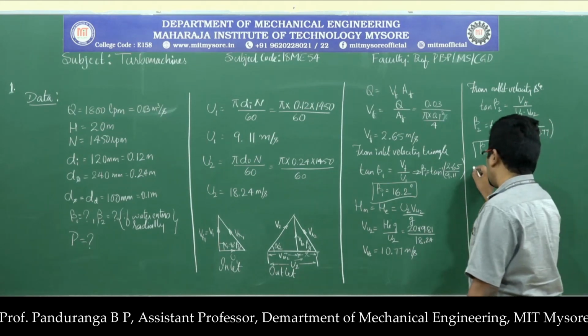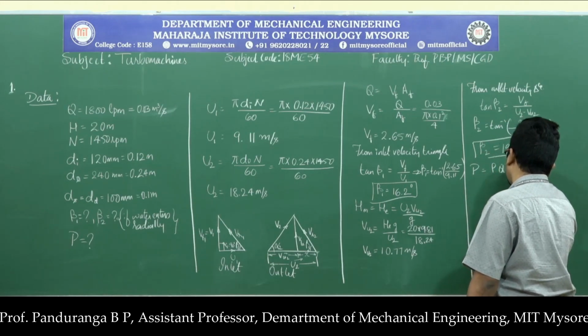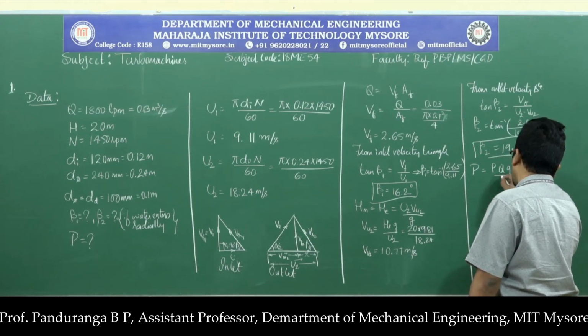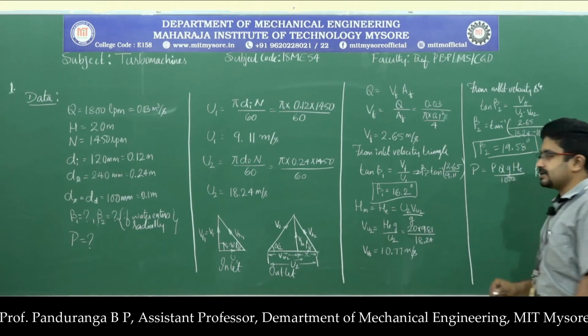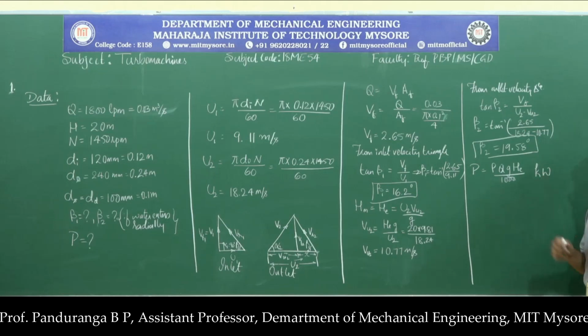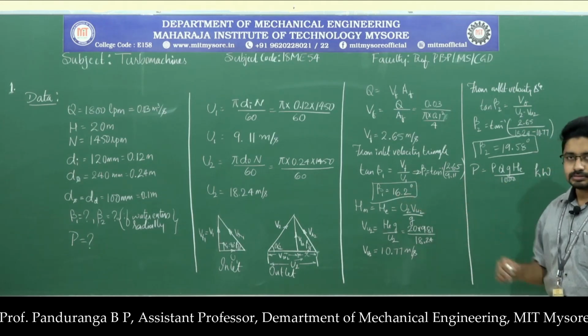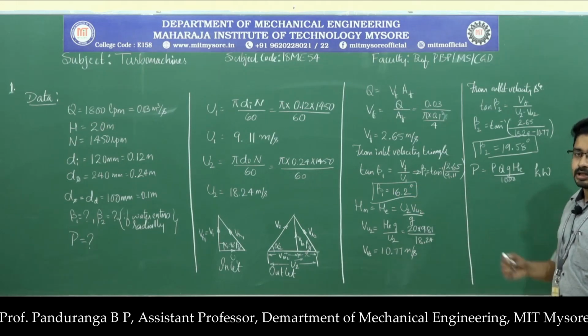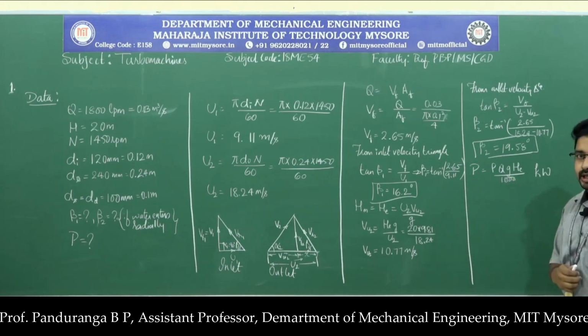Now we need to find out the power. The hydraulic power is given by rho Q g into He divided by 1000 kilowatts. I am dividing this by 1000 to get the answer in kilowatts. Now I know rho, it's water, so rho is 1000 kg per meter cube. Q discharge is given, g is 9.81, and He is also given.